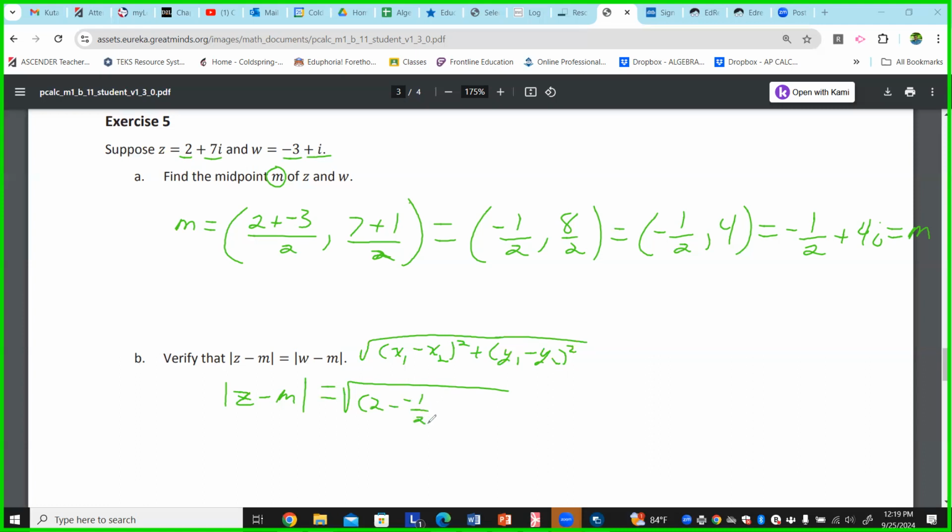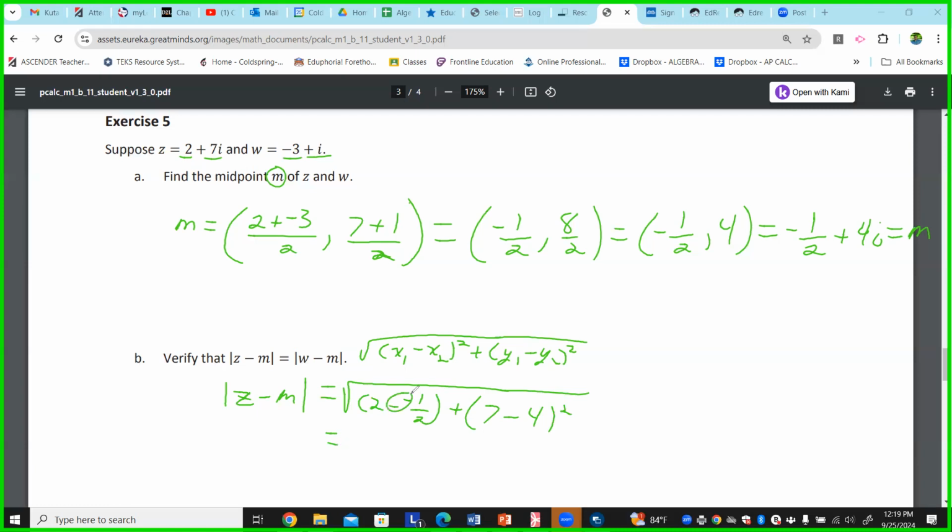Good thing we don't use pen, right? That would have been a close one. Right? So Z minus M, 2 minus what I got for the M over there, plus 7 minus the imaginary part of my M, which in this case is 4, squared. And now let's work it out.